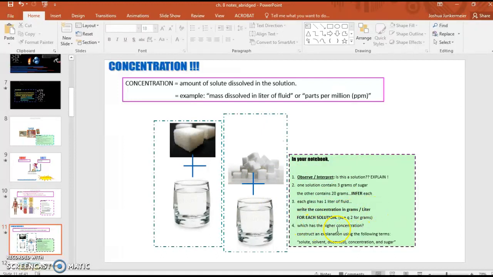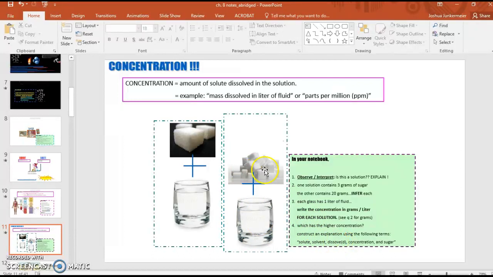All right, number 4 says, which has the higher concentration? Remember, concentration is the amount of solute or dry ingredient dissolved in the solution. So all you have to say is which one has the higher concentration, or the more solute. And you need to explain it using the following words. Solute, which would be the sugar. Solvent, which is the liquid it's dissolved in.